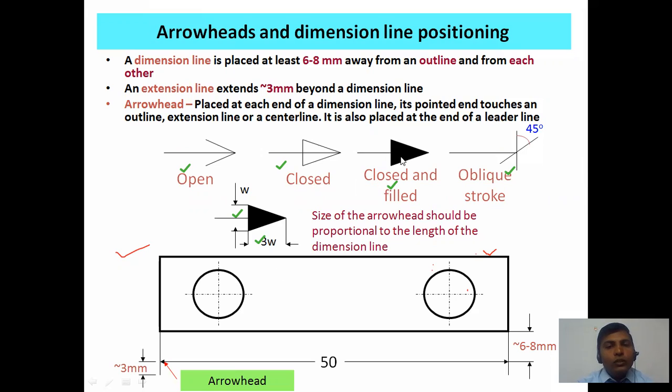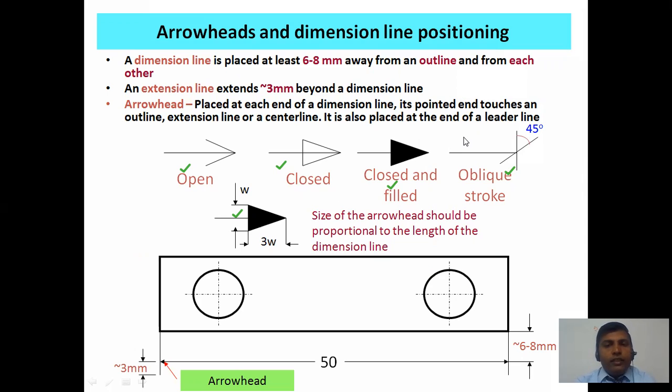It is closed and filled. So as per the 3:1 ratio, approximately 3 mm spread and 1 mm head of the arrow should be there while showing the arrow. This is the most important feature of the diagram.